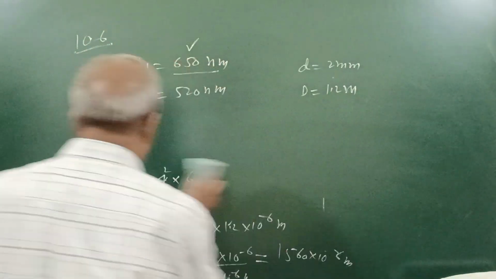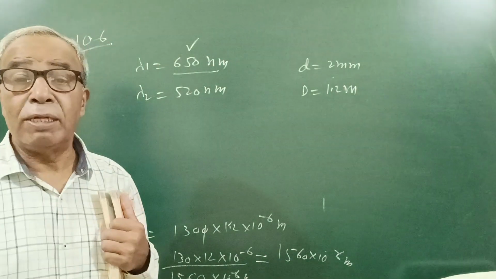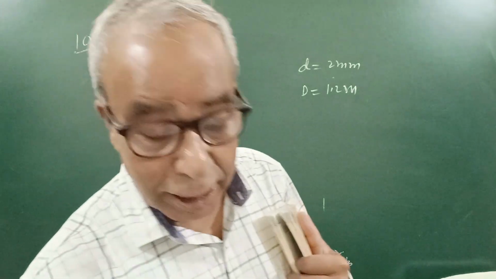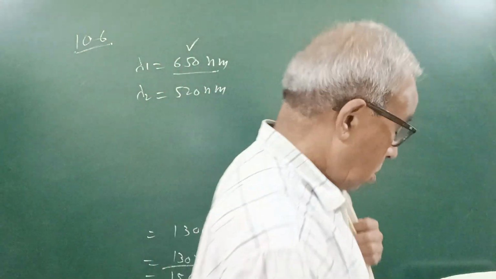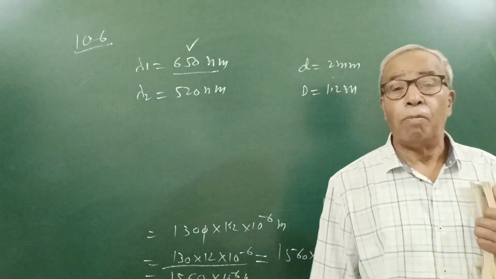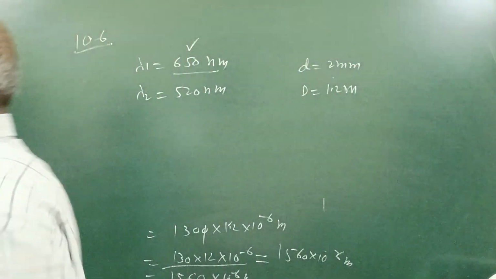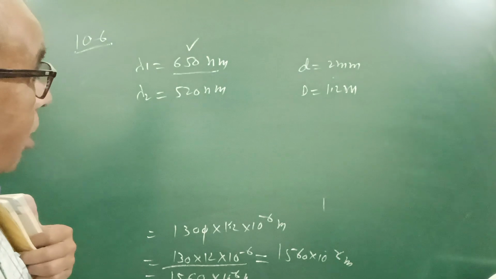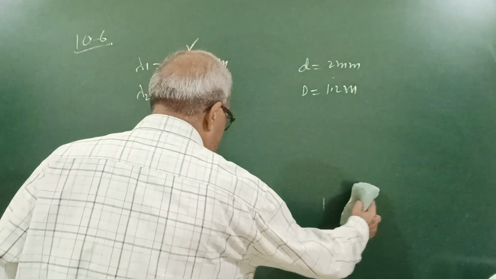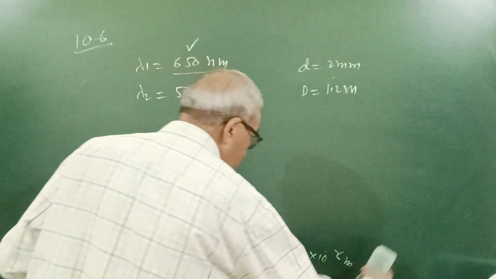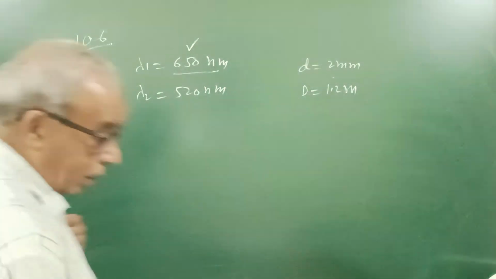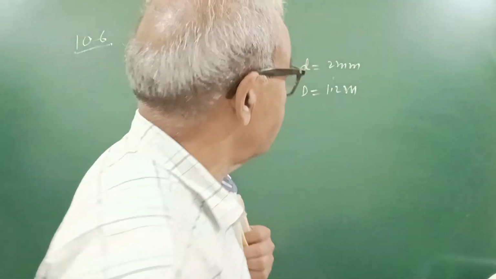Now see the second part of this question. In Young's double-slit experiment we have used monochromatic light. But here there are two wavelengths. I just explained that if we use different colors of light, the central fringe will always be maximum.